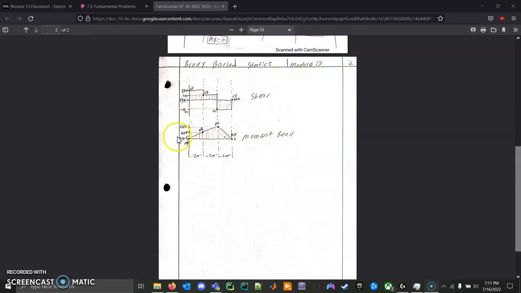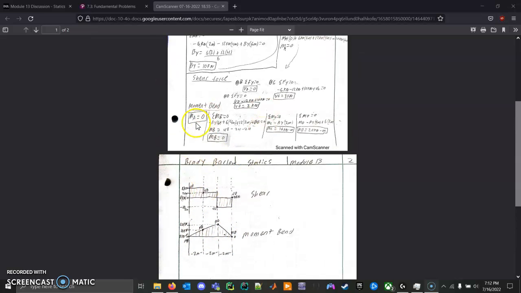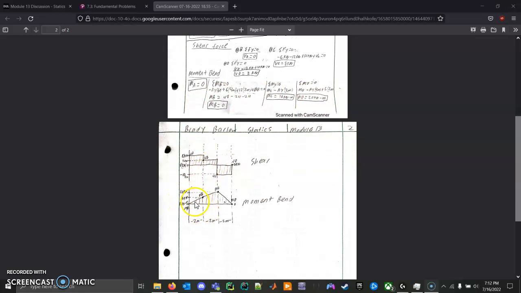For the moment diagram, it's the same thing. I did MA, MB, MC, MD, which is wrong. Your MA's here, your MB's here, MC, MD. But as you can see, we already solved for MA, MB, MC, MD right here. So your MA starts at 0. So does your MD. Your MC goes up to 16 kilonewton meters, so you're going to have a slope here.